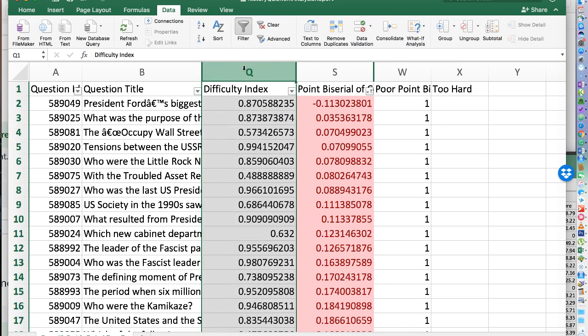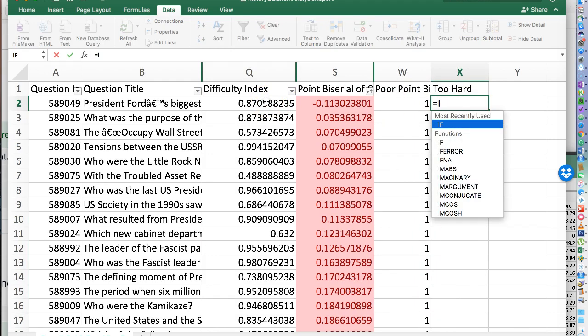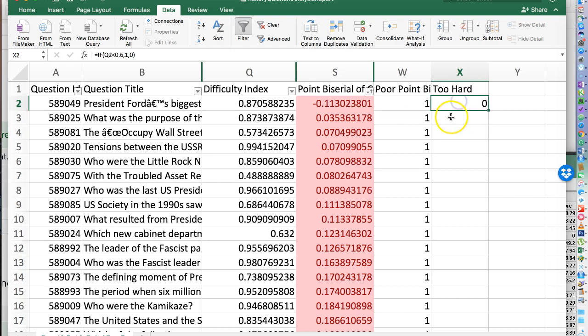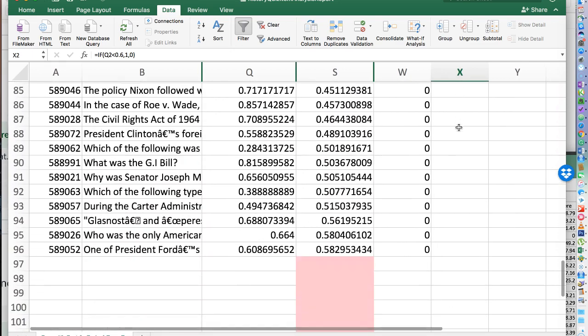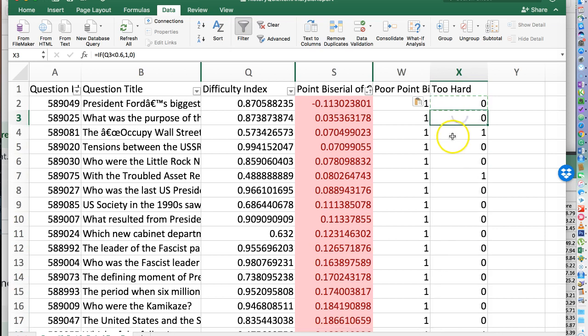If this is less than 0.6, then it's too hard. So this says no, it's not too hard because 87% got it correct. So this is a way that we can indicate whether the question is too hard.